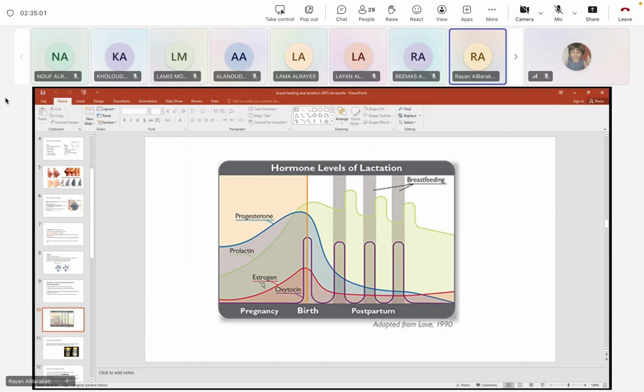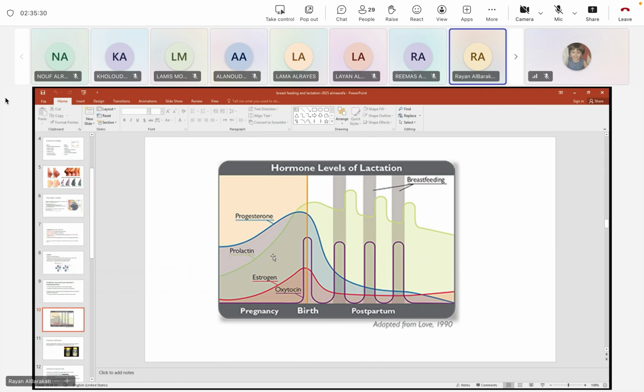Progesterone and estrogen, we said, are responsible for forming the breast gland, increasing the size, and preparing the breast for producing milk. So these will be high and increasing with the placenta growth. You can see there is an increase in the blue and the red line, estrogen and progesterone, right?